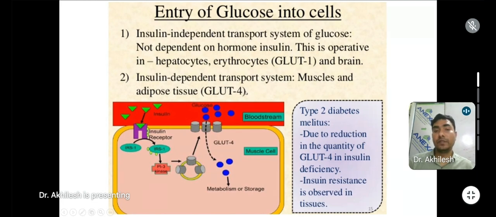However, GLUT4, which is an insulin dependent GLUT transporter, is always regulated by insulin. So when you have enough insulin, only then does this transporter allow glucose molecules to go inside the cell and do their functions for energy harvesting purposes. Whereas in the brain and erythrocytes, that is RBC, and in hepatocytes, the liver cells, they rely on GLUT1.